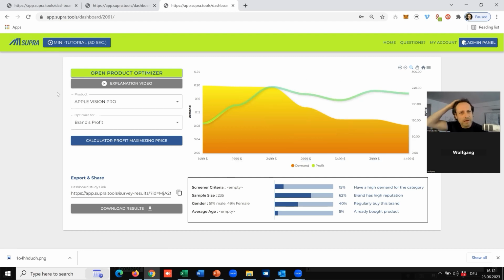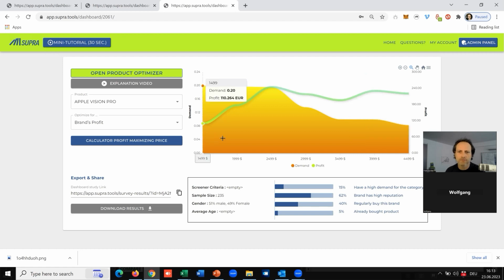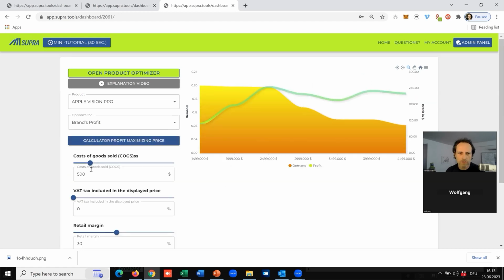Good. So that's what you get for total consumers. What you see here is the price demand function in orange on all consumers. Yeah. And you set a certain cost to make it, right?